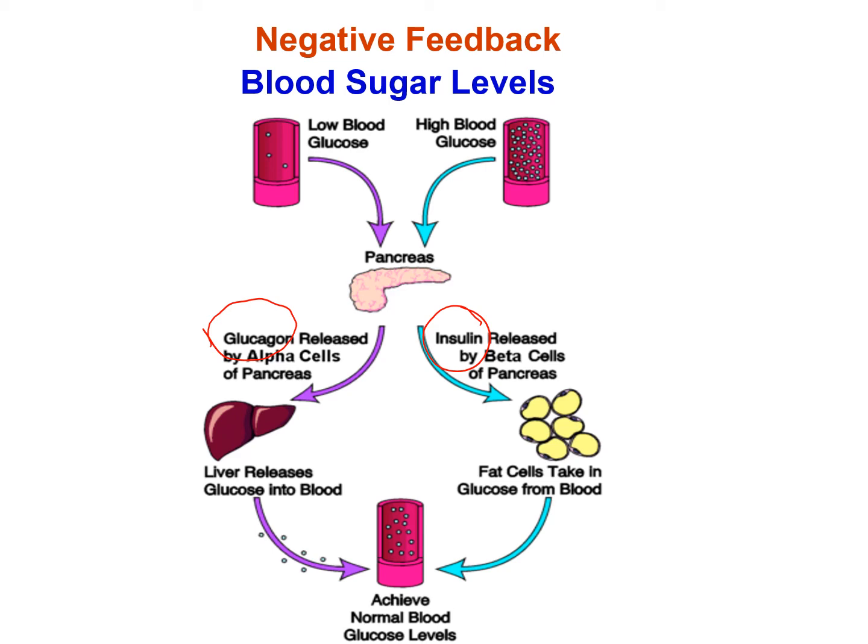Your liver has sugar stored inside of it. This sugar is needed to feed the blood. Blood is constantly going through your body, and when the pancreas realizes there's not enough sugar in the blood, it needs to tell the liver to turn on and release sugar. So it's going to use this hormone called glucagon. The root word gluc always lets you know it has something to do with sugar.